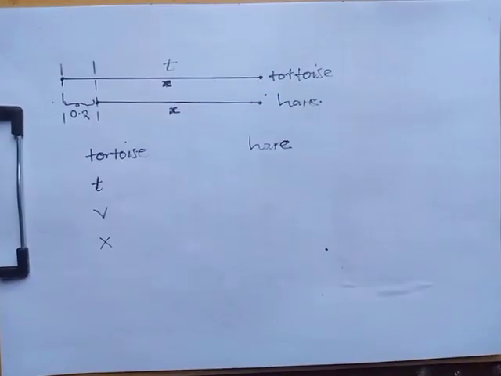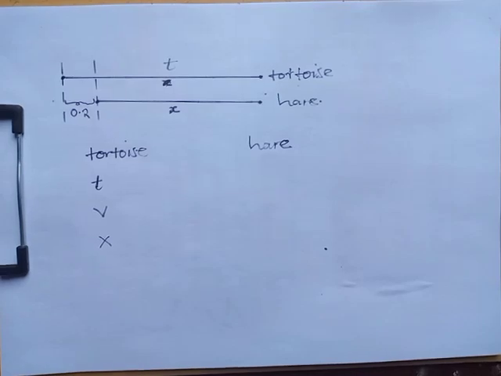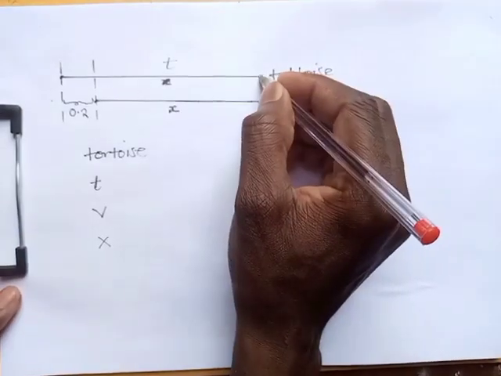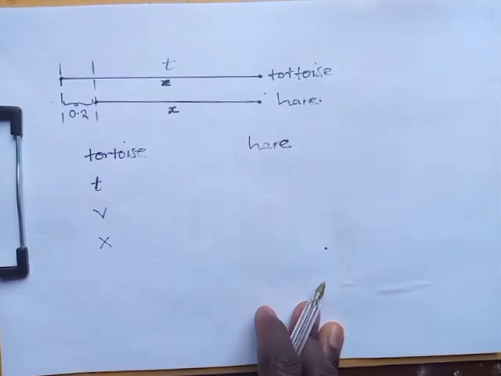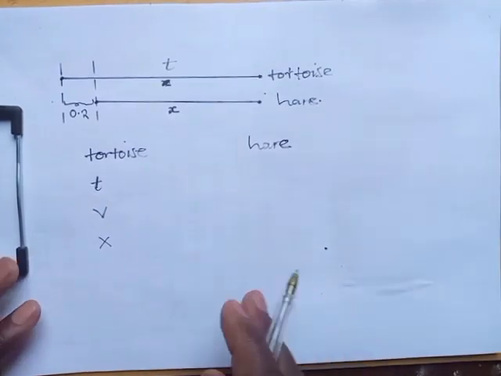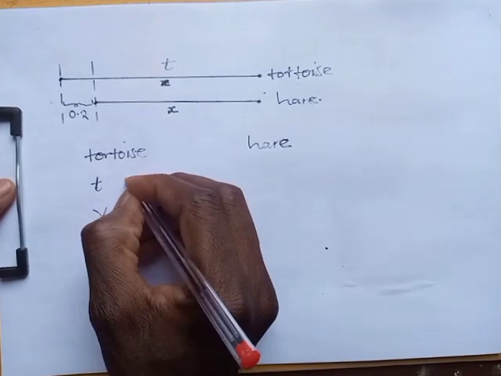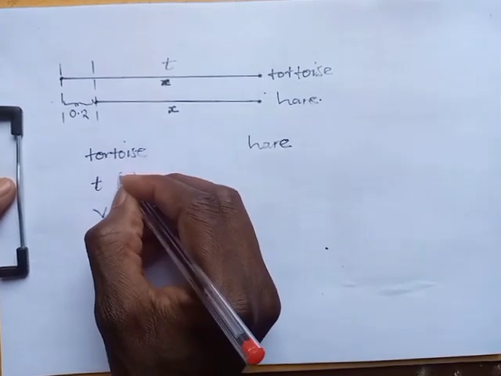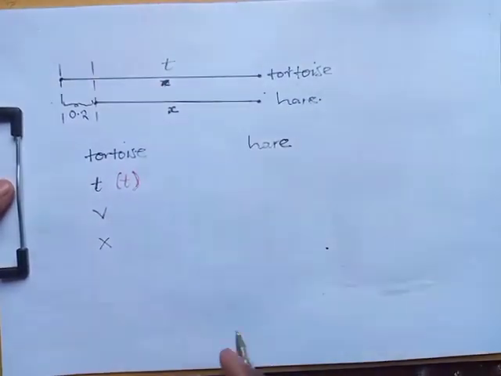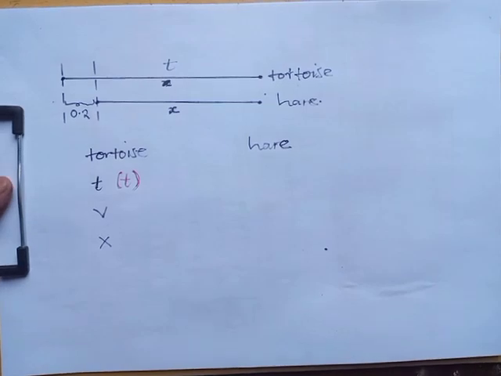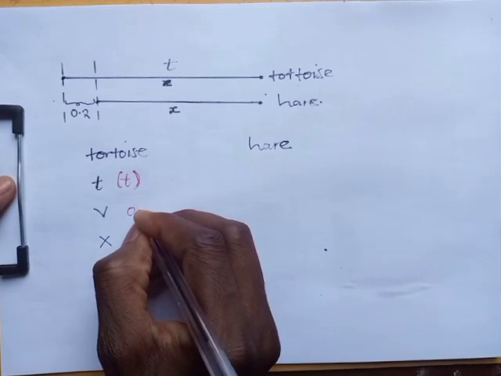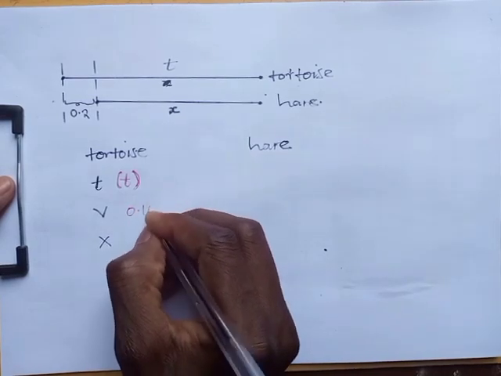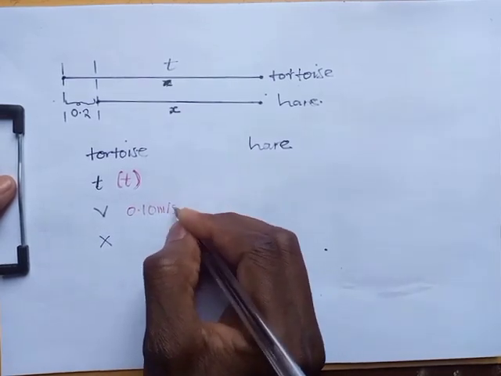Now, I'm trying to illustrate the data. The time from here up to somewhere there has to be the total time. So for the tortoise, I'll label this one to be T because it had the full time after winning. Then the velocity: it had a velocity of 0.10 meters per second.